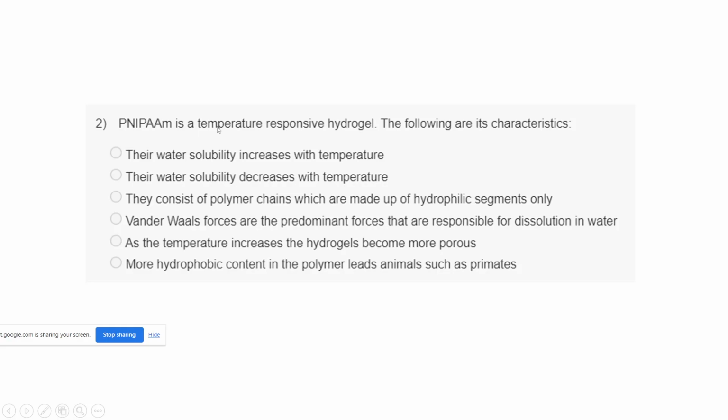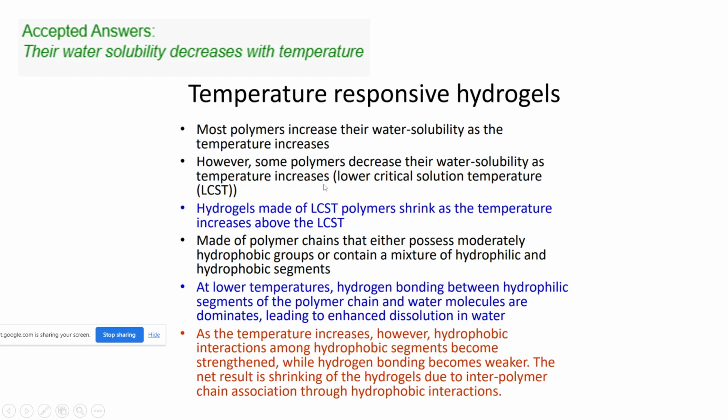The second question was: NIPAM is a temperature responsive hydrogel. The following are its characteristics. The correct option here is that their water solubility decreases with temperature. These polymers have a lower critical solution temperature. Below this temperature, hydrogen bonding is more prevalent, and that's why they are more dissolved in water.